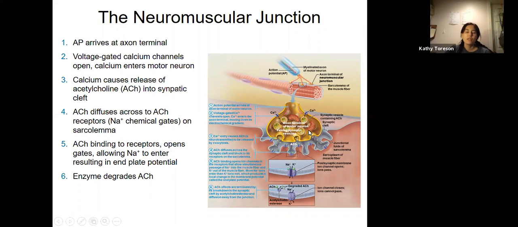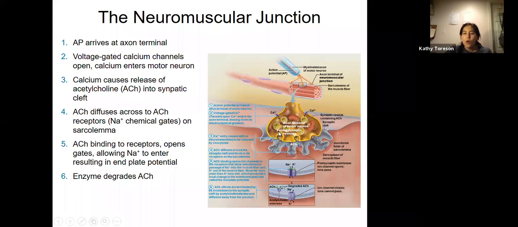Now, when the motor neuron here releases the signal, hey, it's time to contract, what it's really doing is releasing a neurotransmitter called acetylcholine. So we see here in the axon terminal, these are little storage vesicles, and the green dots are representing acetylcholine.